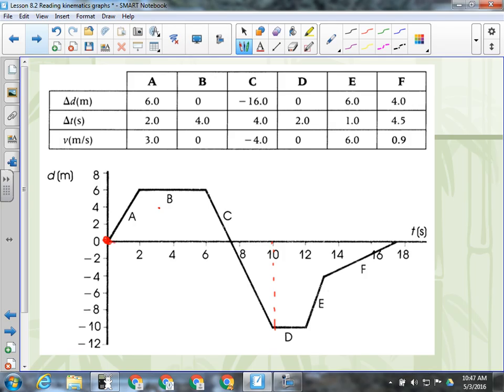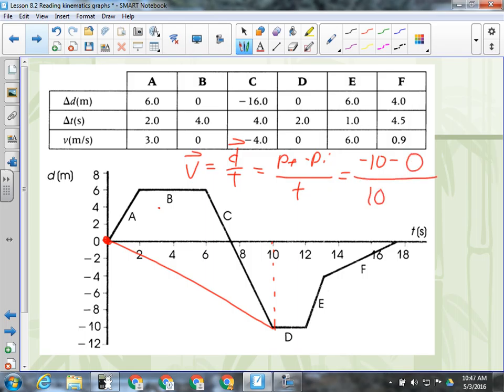Really, what I am doing is drawing an imaginary line there and finding its slope. I'm imagining there's a straight line from one place to the next, and I'm finding its slope by going final position minus initial position divided by time. What's my final position? Negative 10 meters. My initial position is 0, and that took 10 seconds. Well, look at that. My average velocity is negative 1 meter per second.